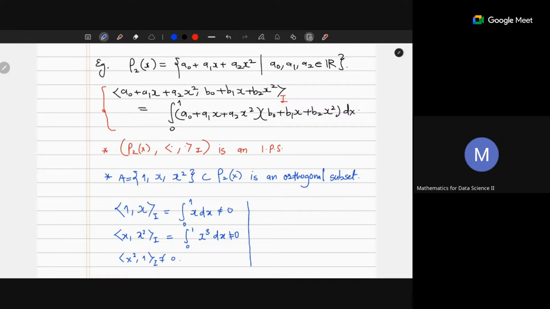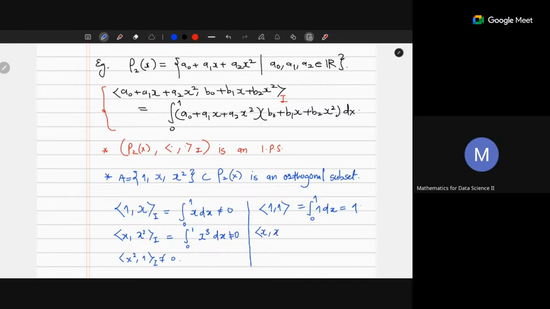Similarly, the norm of each of the vectors is not 1, except I guess the first one. So what is the norm of the first? Just a single one. It is dx, so it is 1. Right.